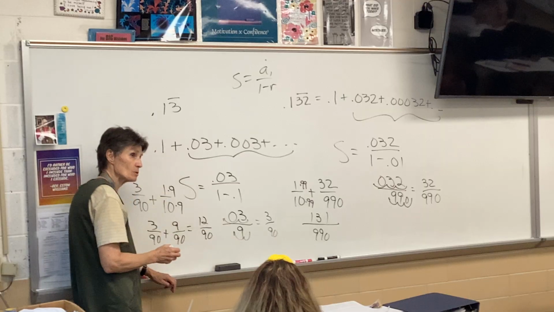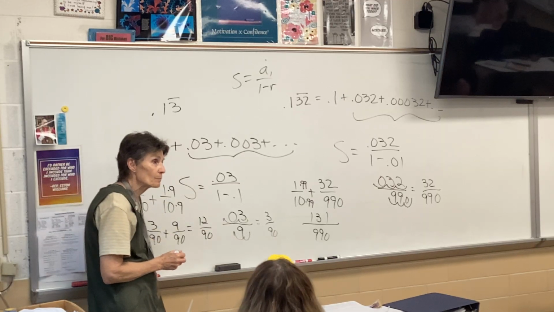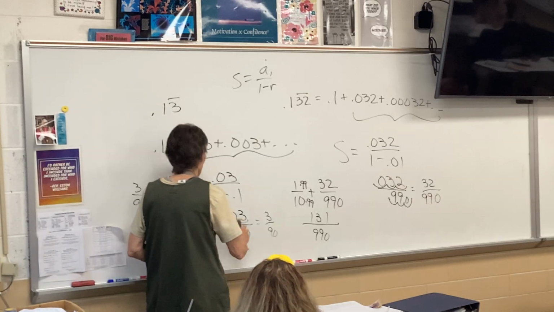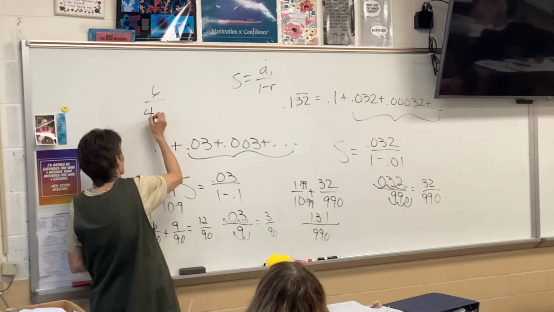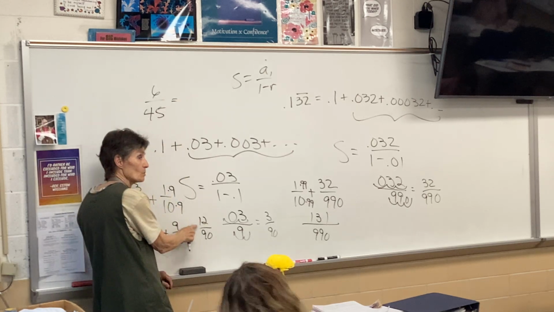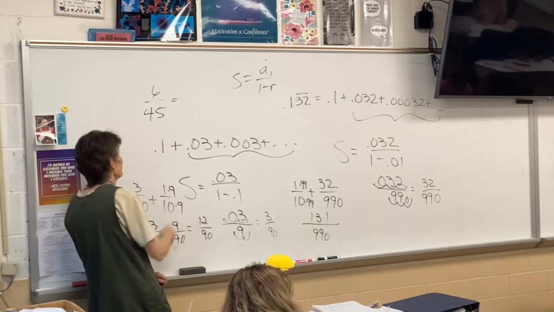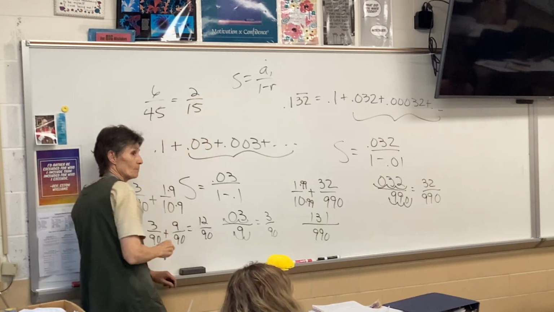Does that reduce? I need to reduce it. It does. What is it? 6 over 45. I think that reduces even more. That's 2 in the rows. I think 3 goes in the rows. So 2 over 15. Yeah.